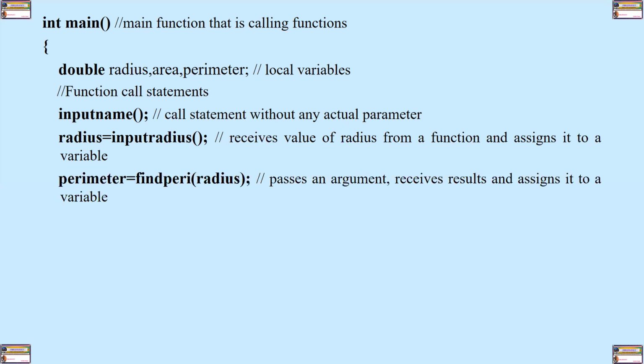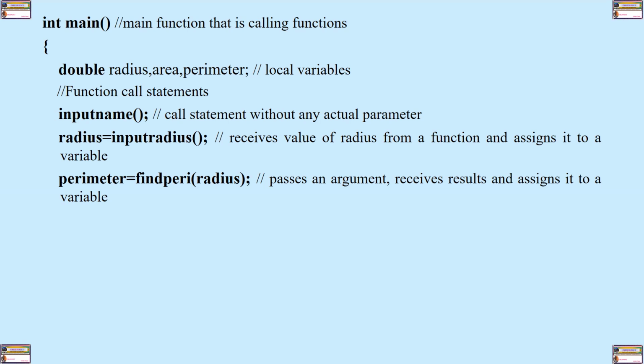Now, this statement is picking that value in the memory location called radius and sending it to the function called find peri. So it is invoking the function called find peri and passing to it the value of memory location called radius. After this function is done with performing its activity, it is going to return a value, and that value is being assigned into memory location called perimeter.